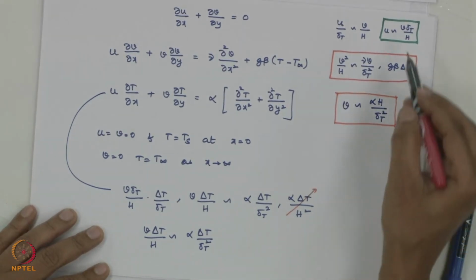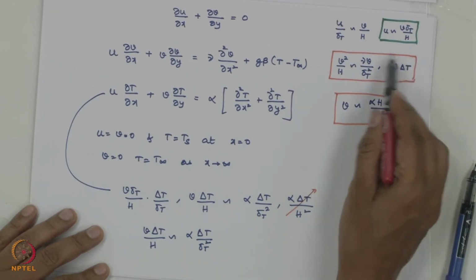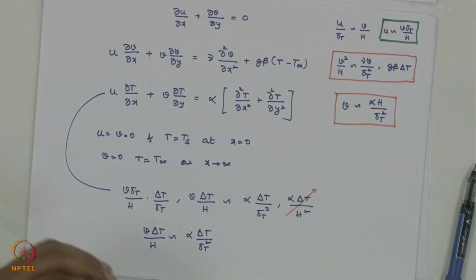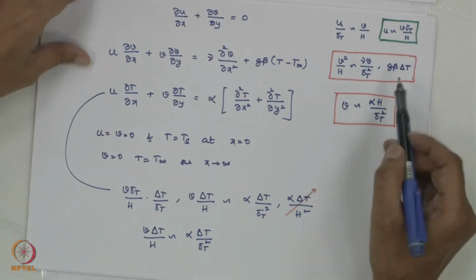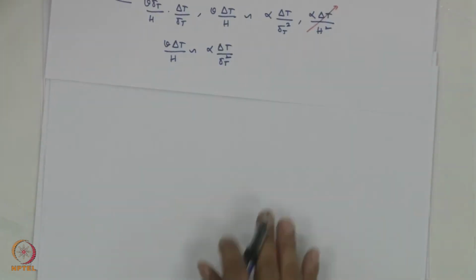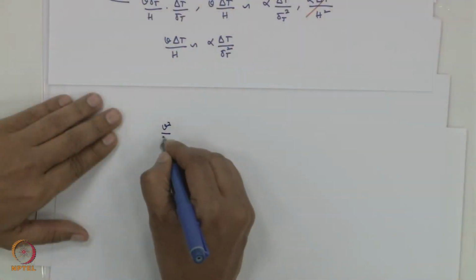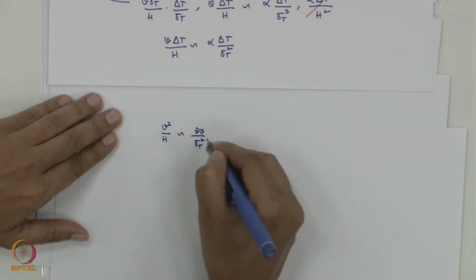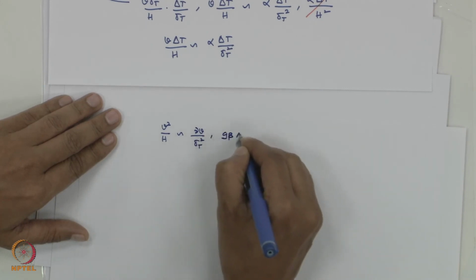So you got u, you got the x momentum equation, and you got the scale of the v. So now if I take this equation, that is v squared by h is of the order of nu v by delta t squared, comma g beta delta t.